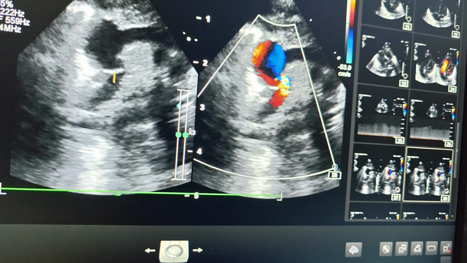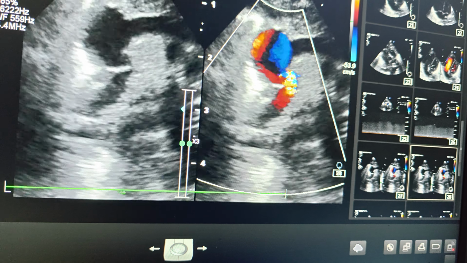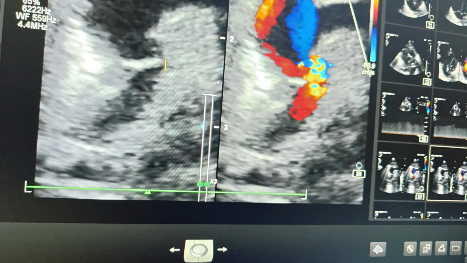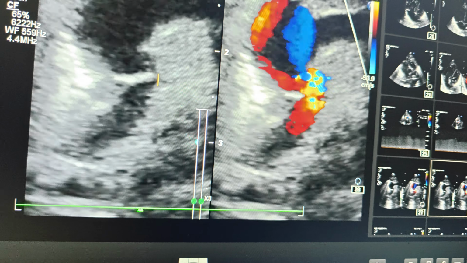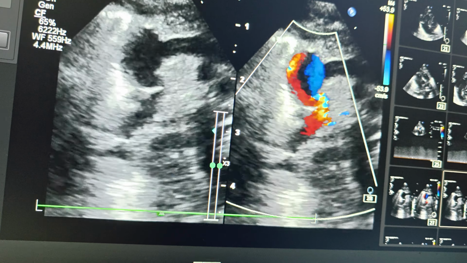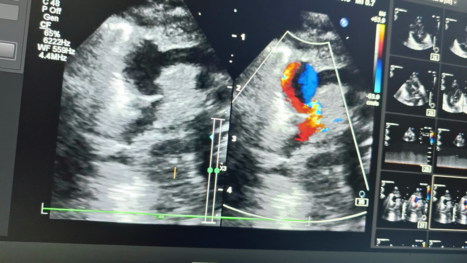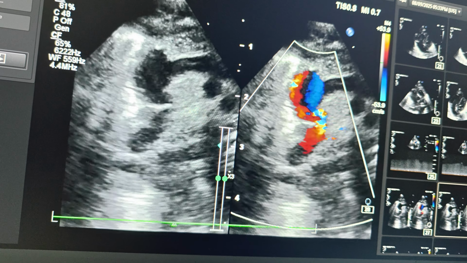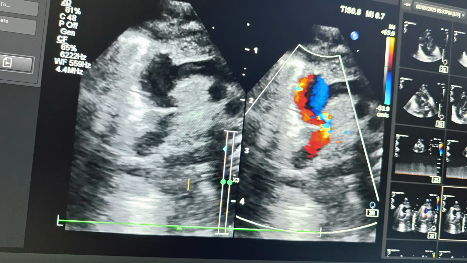You can see this portion, very small opening. You can easily appreciate it here. The flow obstruction presents as shortness of breath because of raised pulmonary capillary pressure, ultimately pulmonary edema, and the baby has shortness of breath even on day 1.